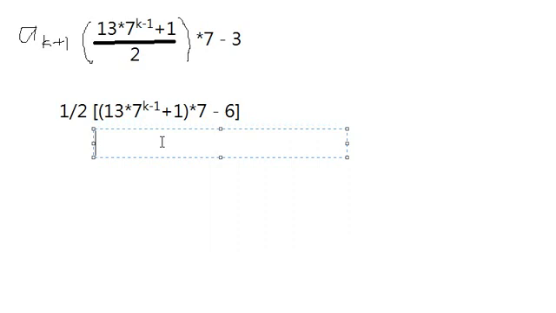13 times 7 to the power k minus 1 times 7, because we're expanding this bracket, we know that anything to the power n, when multiplied by something of the same base, you add 1 to the power. So this is essentially 13 times 7 to the power k.